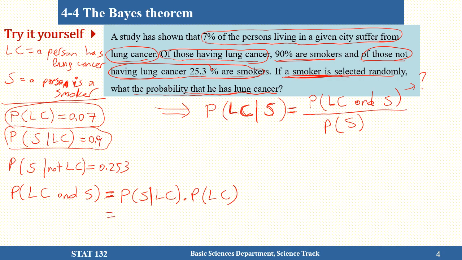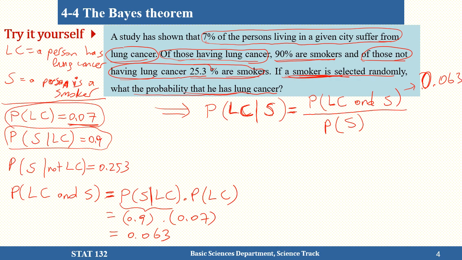We know this is 0.9, and this is 0.07. So this gives you 0.063. Now we are done with this, so this has to be 0.063.